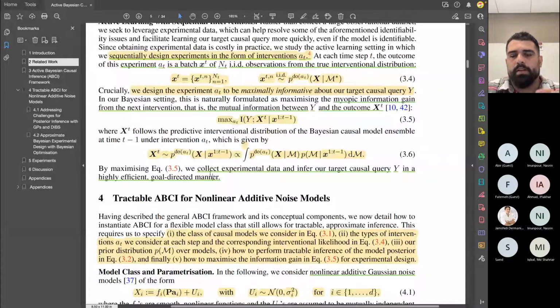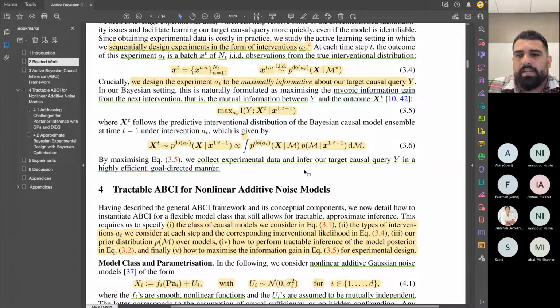So they compare each step with the step before it, to make sure that at that step the experimental design will maximize information. And then they collect experimental data and infer the target causal query in an efficient, goal-oriented manner. And they talk about that in a bit more detail.